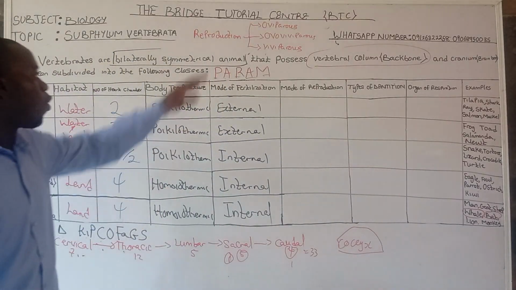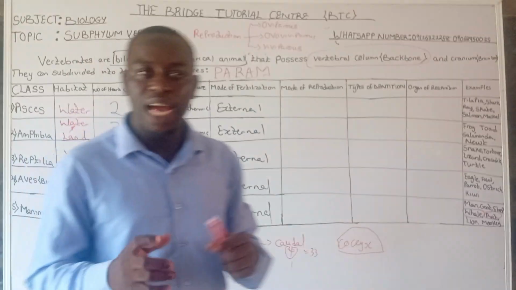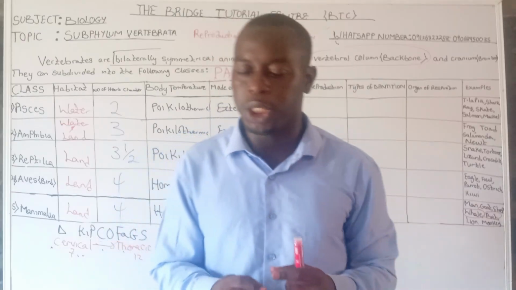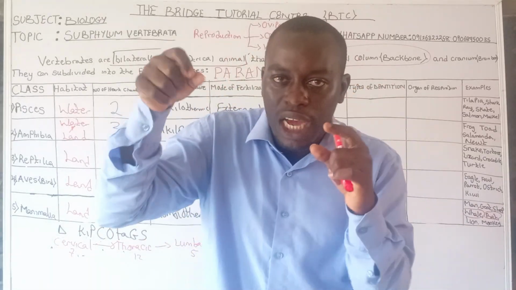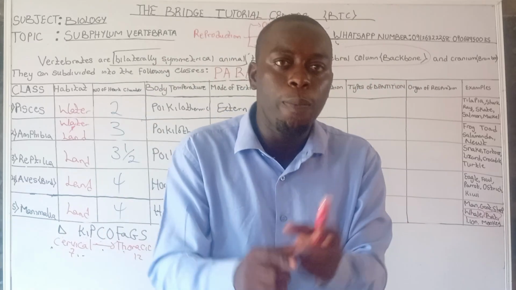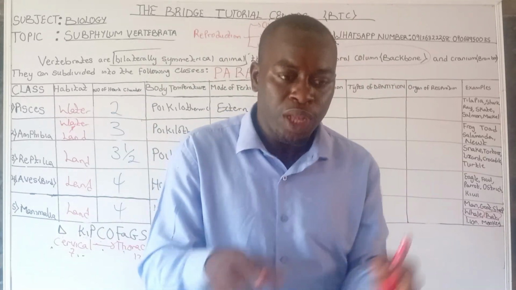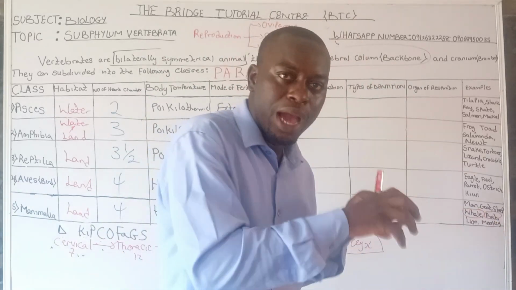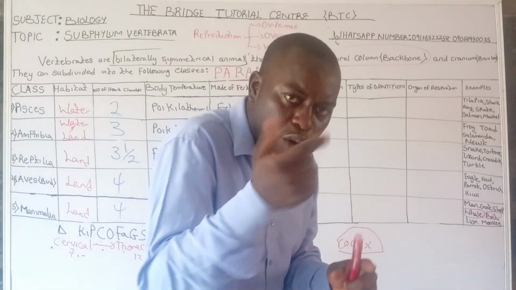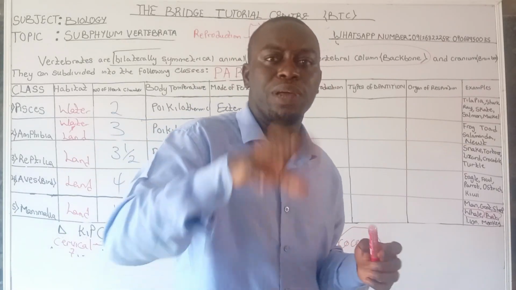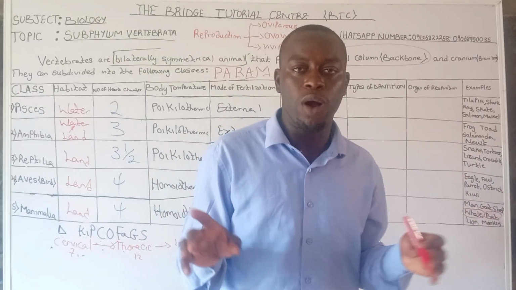The first one, oviparous, is the type of reproduction whereby a female lays eggs, and the offspring develop outside the female body. That is, the female animal has already laid the egg, then the offspring started developing inside that egg that has been laid down. Please don't forget that.